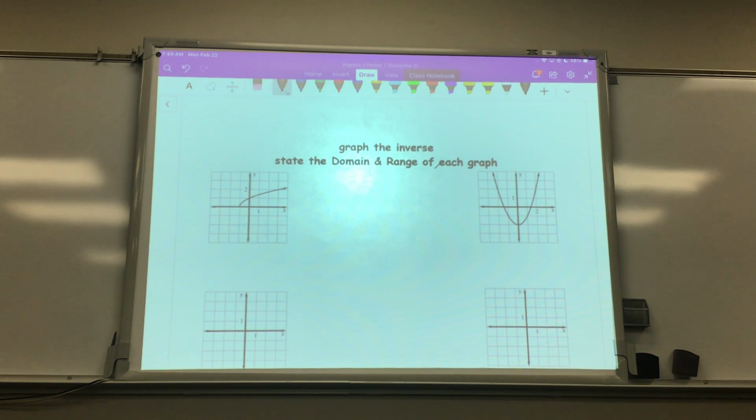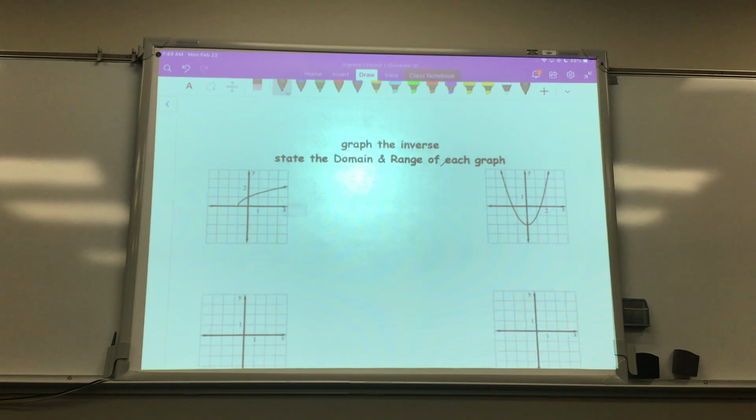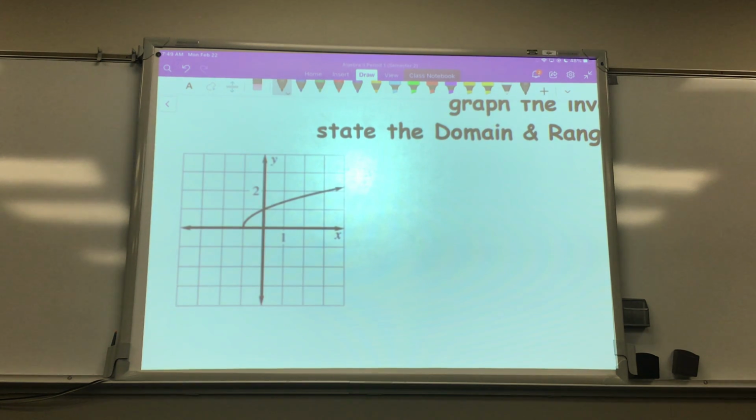Okay, so graph the inverse, state the domain and range of each. So again, we're going to reflect it over that line of y equals x, correct? So, for this point, where would the inverse go? We reflect it over. We go there.